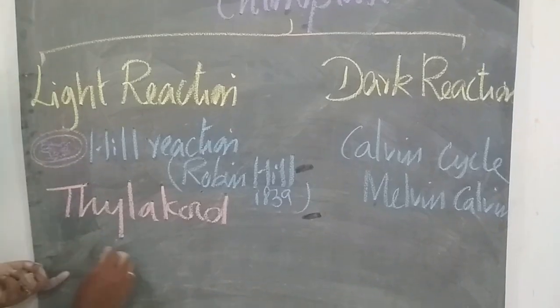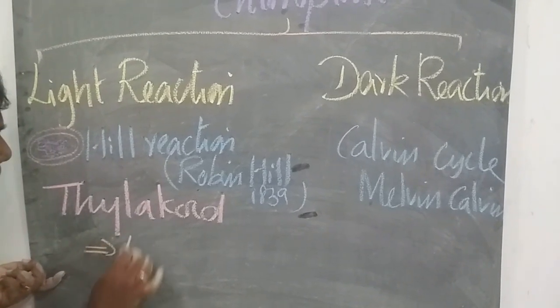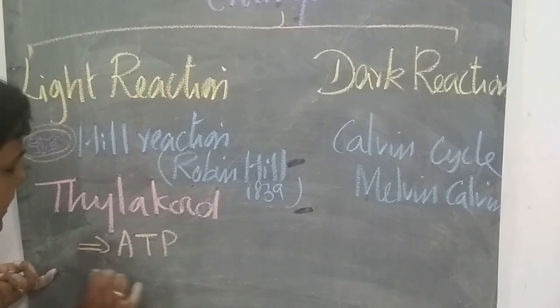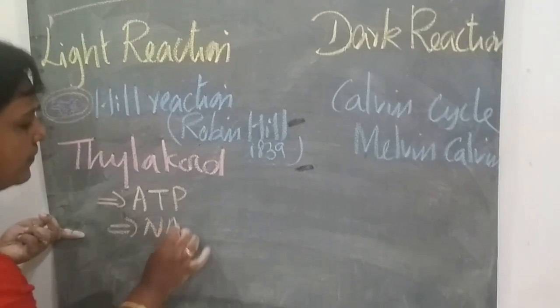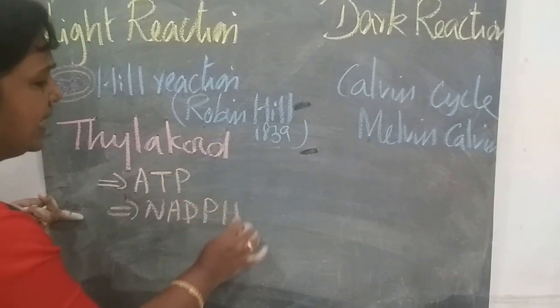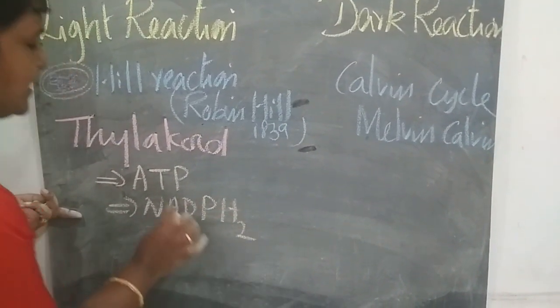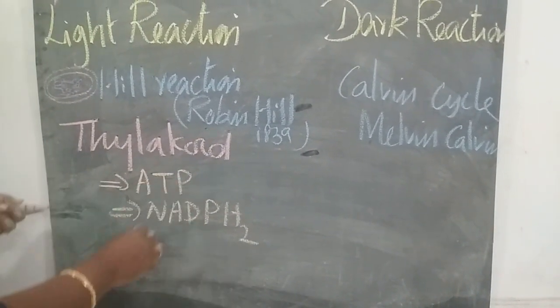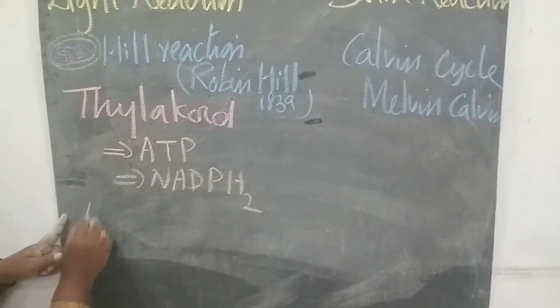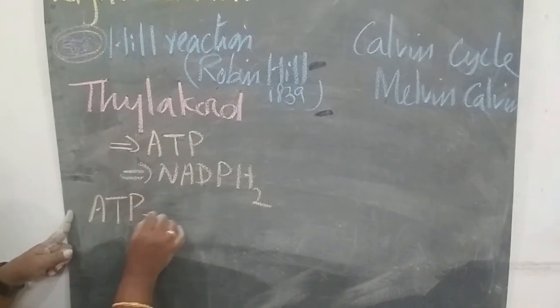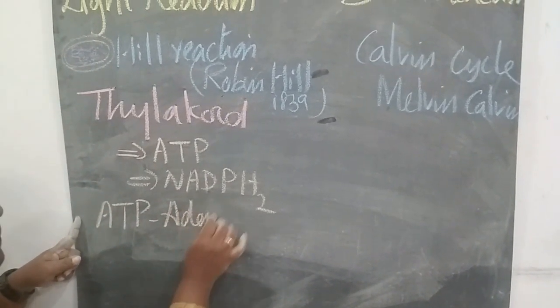It is in the form of ATP and NADPH2. ATP means adenosine triphosphate.